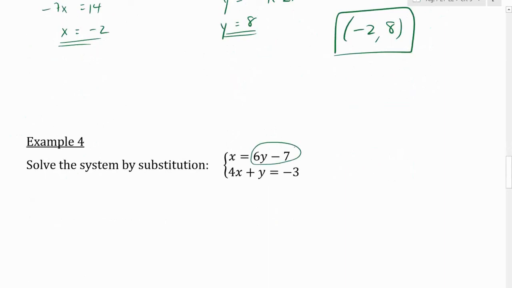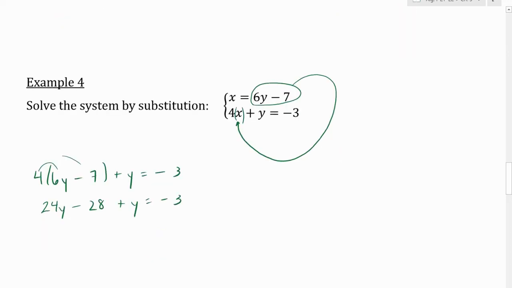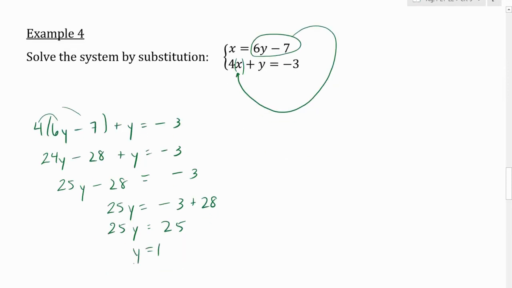Right here, here's what x is. Let's plug it where x is. Distribute the 4. 24y plus y is 25y's. So if I get my y's on one side, constants on the other, divide both sides by 25, y's got to be 1.